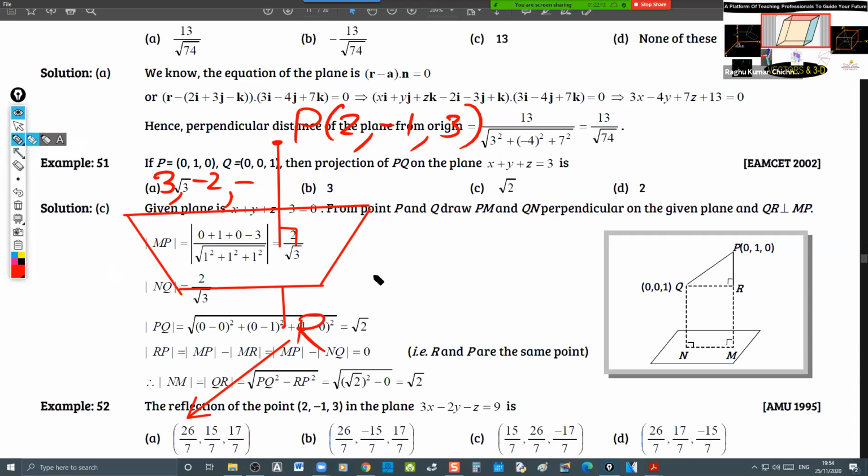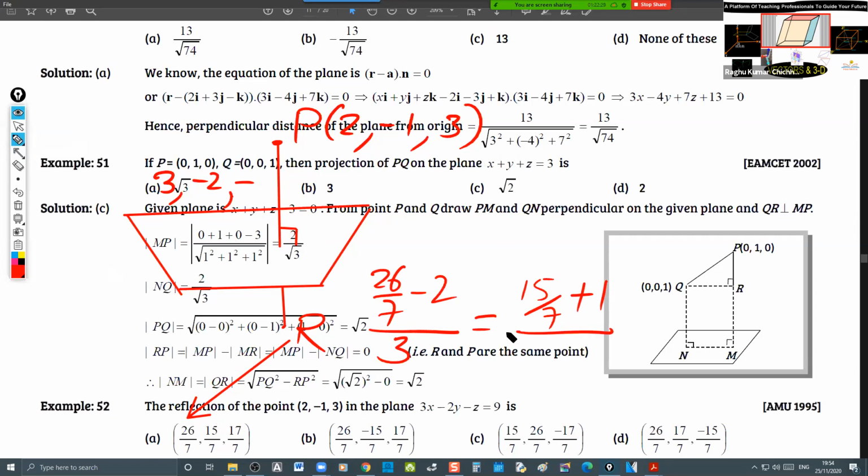Cross verification, please. 26 by 7 minus 2 whole divided by 3 is equal to 15 by 7 plus 1 whole divided by minus 2 is equal to this one, 17 by 7 minus 3 whole divided by minus 1. If these three are equal, you can say this is the answer.